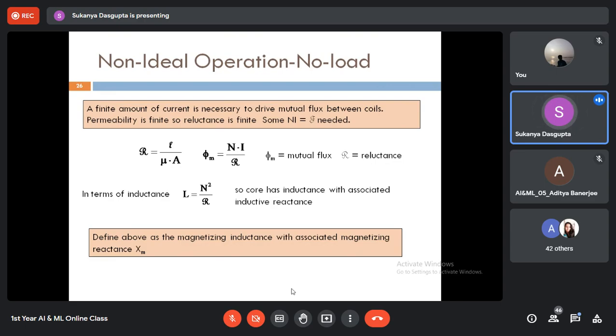Reluctance is the ratio L by mu A, denoted as R. Phi m is the mutual flux, which is the total ampere turns divided by the reluctance. So the inductance can be further represented by this relationship, N square by the reluctance. Mu is the permeability, A is the cross-sectional area of the coil, and L is the length of the coil.